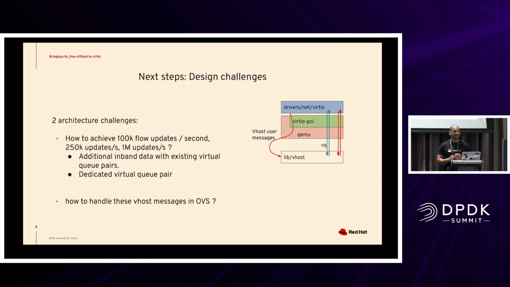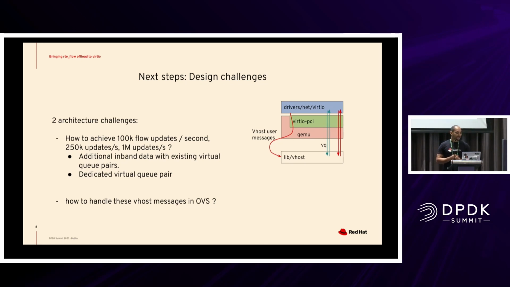We have that virtual queue pair, which is dedicated for packets, but we could have exactly the same kind of virtual queue pair for those messages. So that's one way of doing things, and the other way would be to reuse that existing virtual queue pair to inject non-Ethernet, non-traffic packets, but maybe not the proper way to do it.